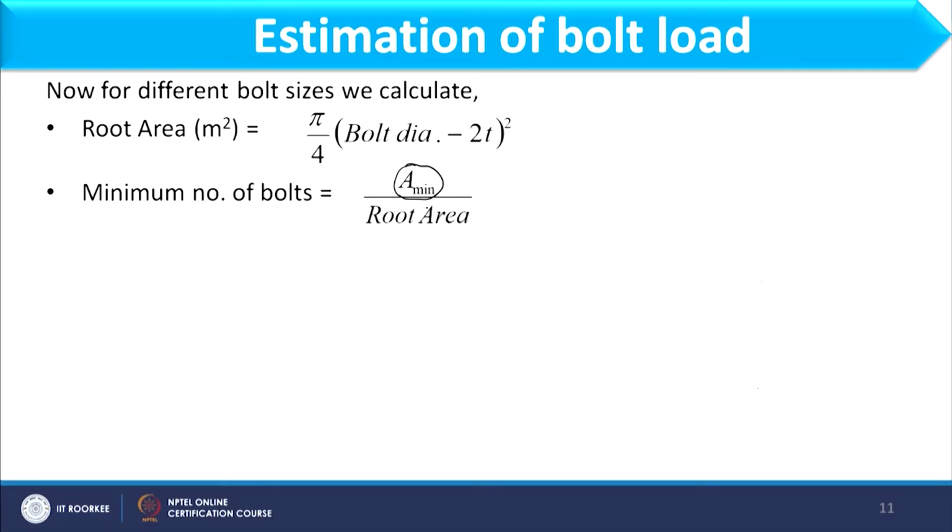Once I have the root area, I will calculate the minimum number of bolts, that is Am, which we have seen in the last slide, divided by the root area. It will give the minimum number of bolts.